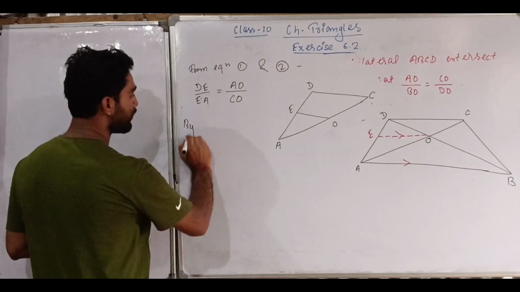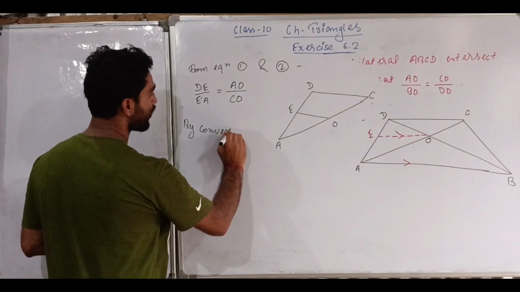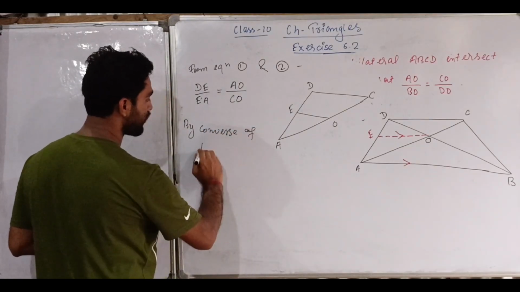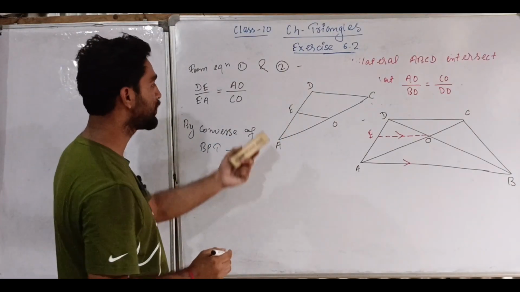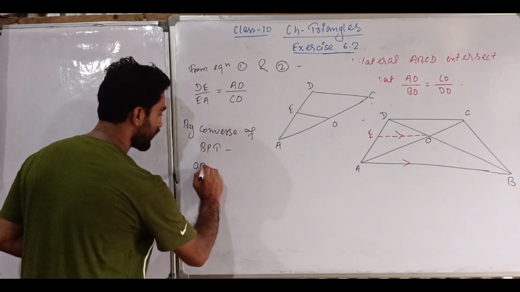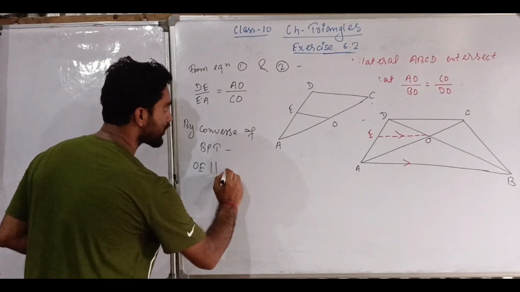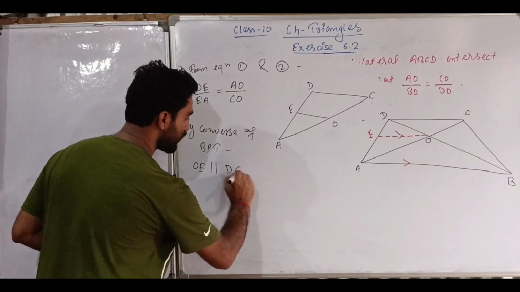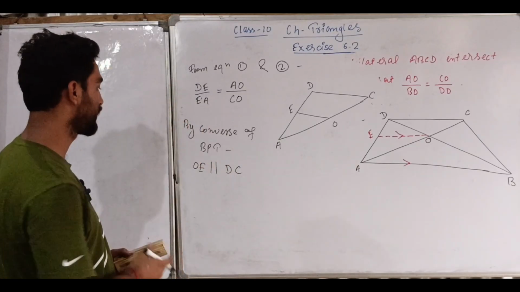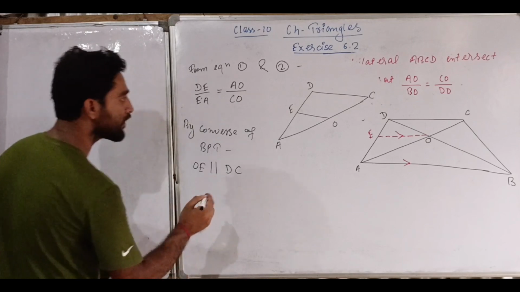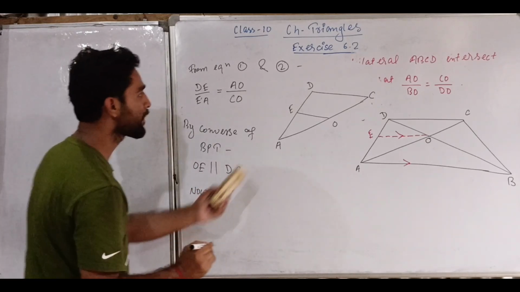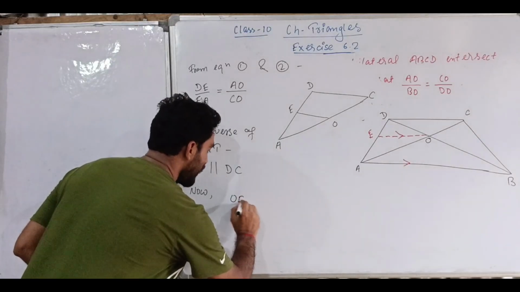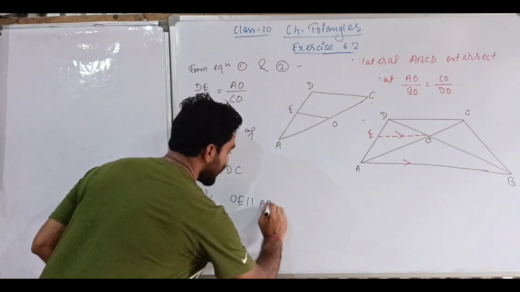So by the converse of the basic proportionality theorem, what can we say? This OE is also parallel to DC. Now you see, OE is parallel to AB.